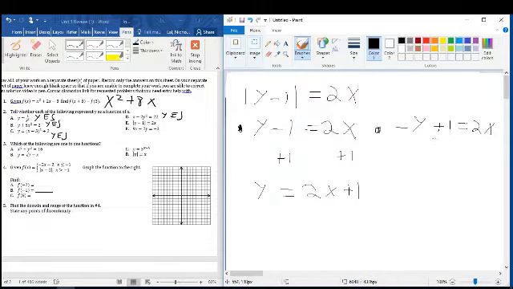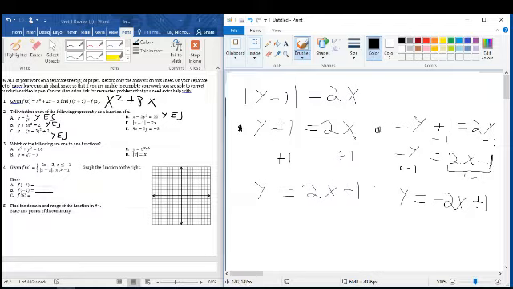But for this one, you could subtract 1 from each side. And you have negative y is equal to 2x minus 1. But then you multiply each side by negative 1 to isolate y. So you'll get y is equal to negative 2x plus 1. So y is equal to 2x plus 1, and y is equal to negative 2x plus 1.